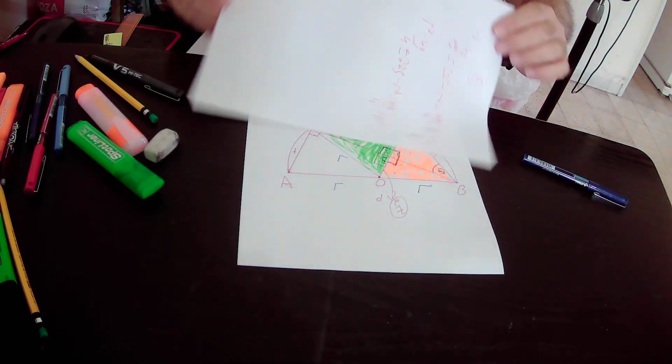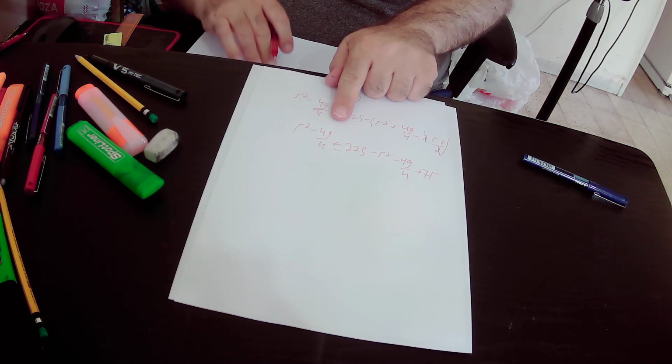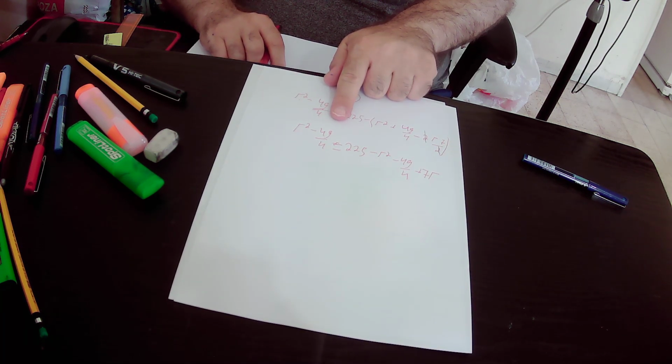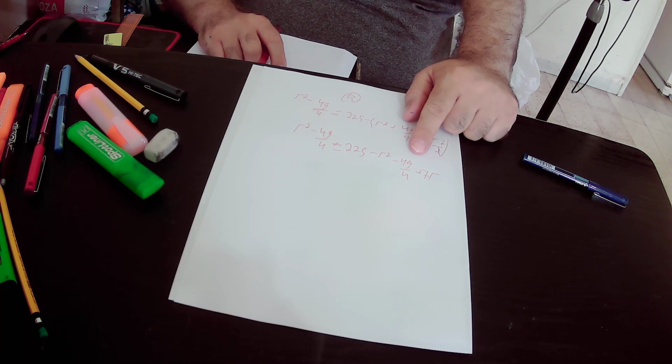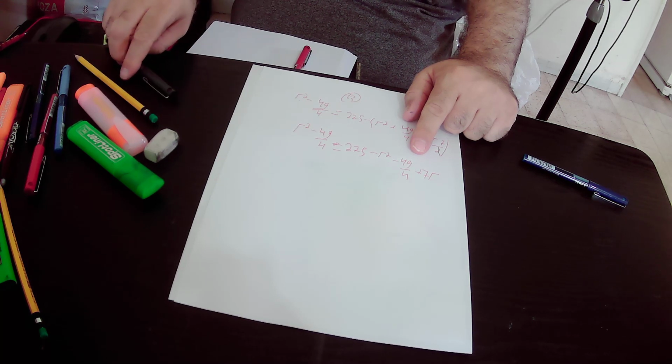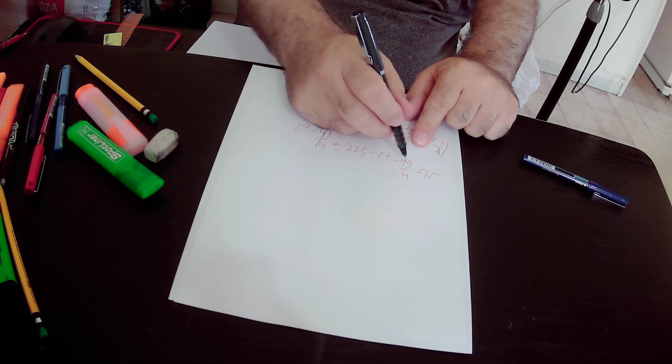Okay, so in total we got this equality. Here we have minus 49 over 4 on this side of the equation, and minus 49 over 4 on the other side, so we can cancel minus 49 over 4.